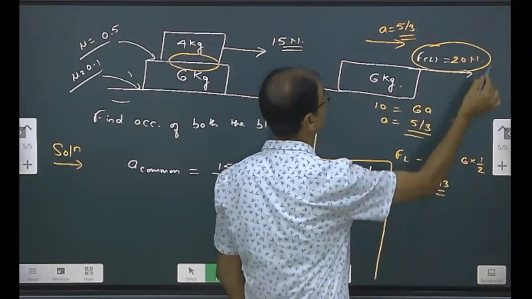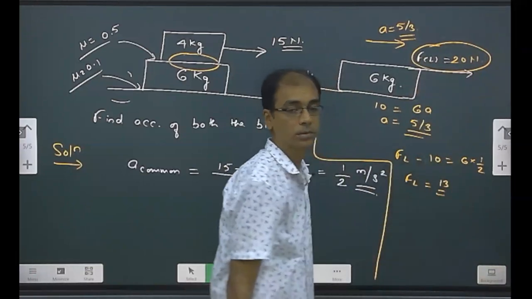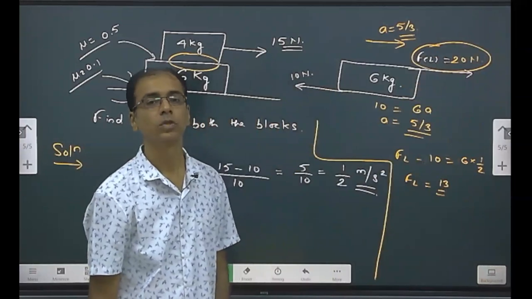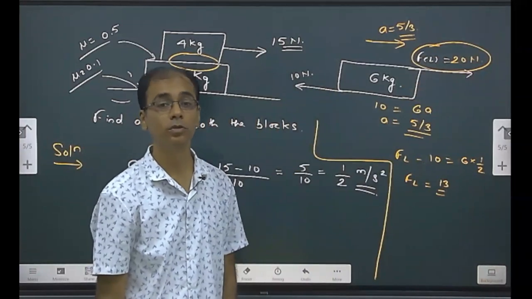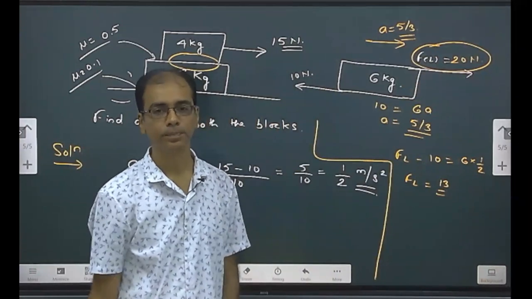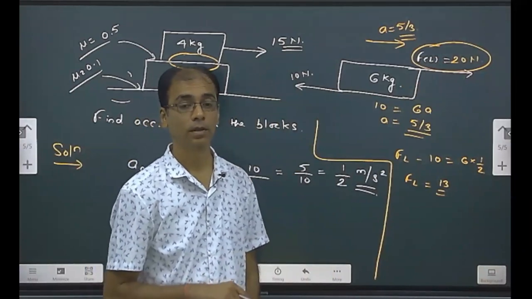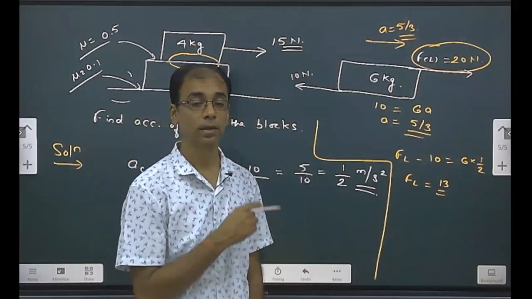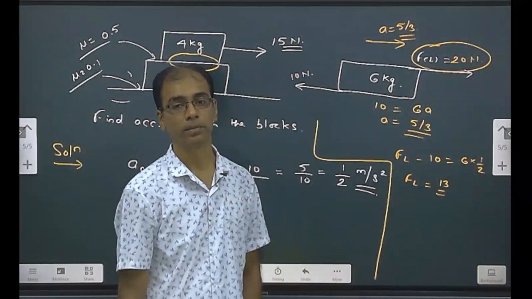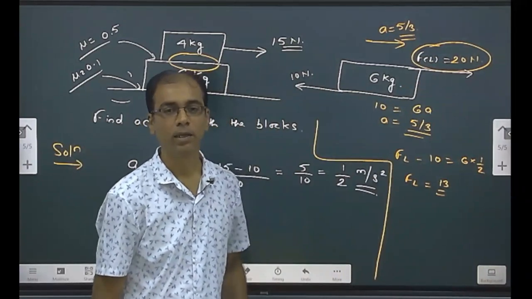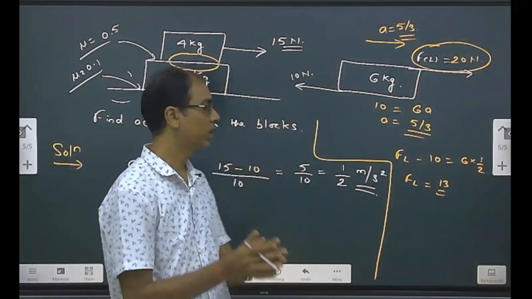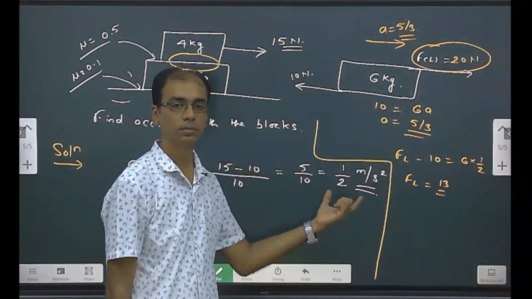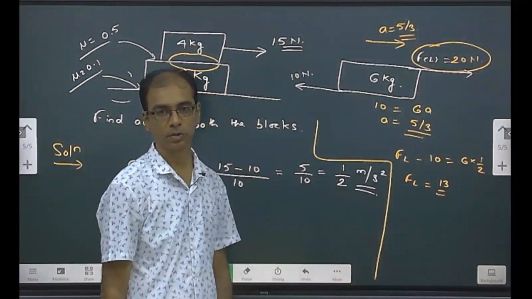And how much is available to us? 20. So definitely both are going to move together. In the previous question, they were moving separately. Here they are moving together. Did you understand? And once you know that they are moving together, our answer is half meter per second square.